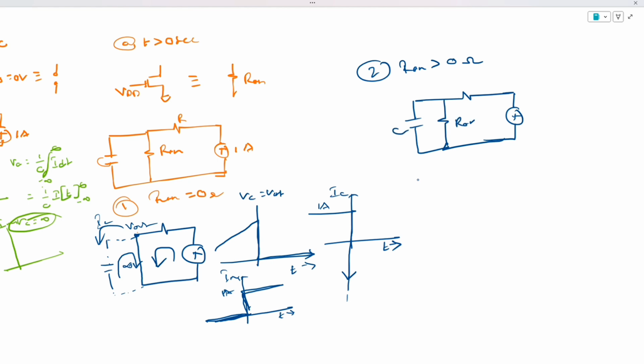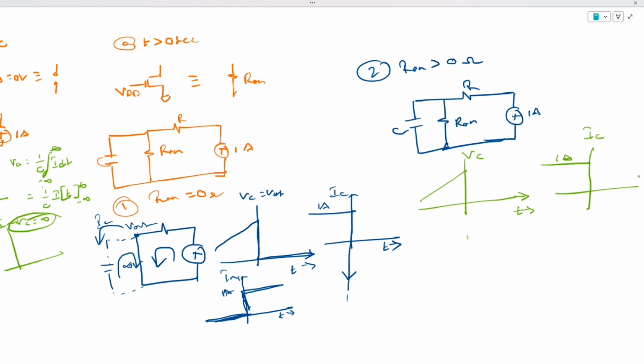Let's see what will happen for the second case, R1 greater than 0 ohms. If R1 is equal to 0 ohms, the circuit will be like this, as we tried earlier. This is a kind of interesting analysis, we should be very thorough with it. Here R1 is greater than 0 ohms.